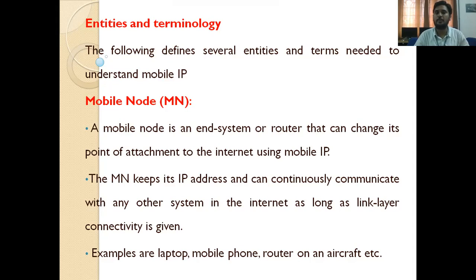The mobile node keeps its IP address and can continuously communicate with any other system in the internet as long as link layer connectivity is given. Some examples are laptops, mobile phones, routers or aircraft. All these belong to mobile nodes, that is, end systems. Mobile node means end system.